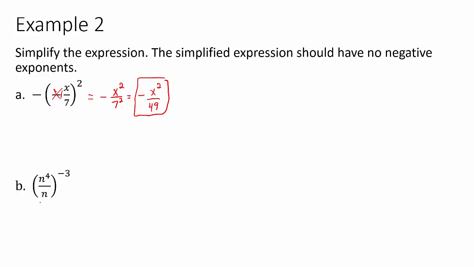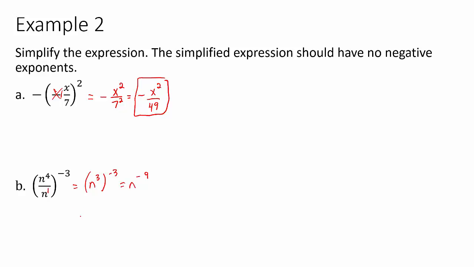On B, everything inside needs to get the negative third power, but we actually can do this in 2 different ways. We could go ahead and simplify what's on the inside by subtracting our exponents and then raise it to the negative third. Or we can go ahead and move the negative third and then subtract our exponents. I personally like subtracting exponents first and getting n cubed to the negative third, which is n to the negative 9th.